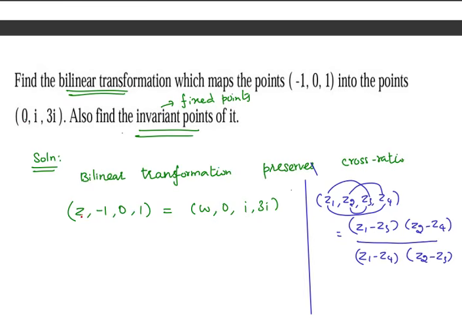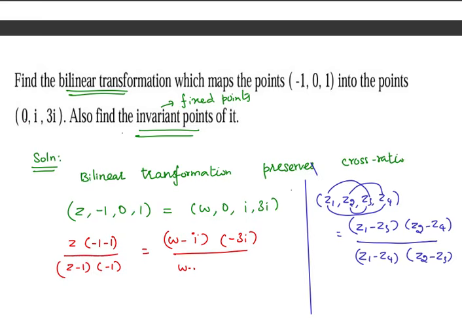We know that. So I apply it: z minus 0 is z, times minus 1 is minus 1, divided by z minus 1, minus 1 minus 0 is minus 1. My right hand side is (w minus i) times (0 minus 3i), divided by (w minus 3i) times (0 minus i).